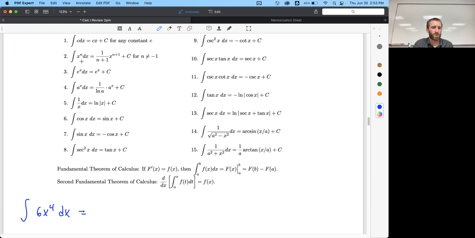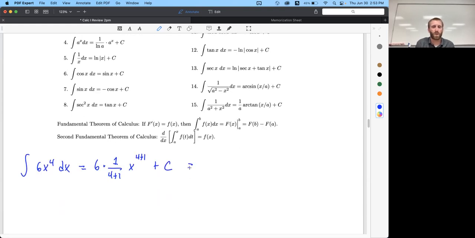In our case, n is 4. And so we're going to keep that 6 around. We need to divide by 4 plus 1, and then x gets the new power of 4 plus 1. And we need to add c to it, which is the same as 6 over 5 times x to the 5th plus c, where c is any constant.